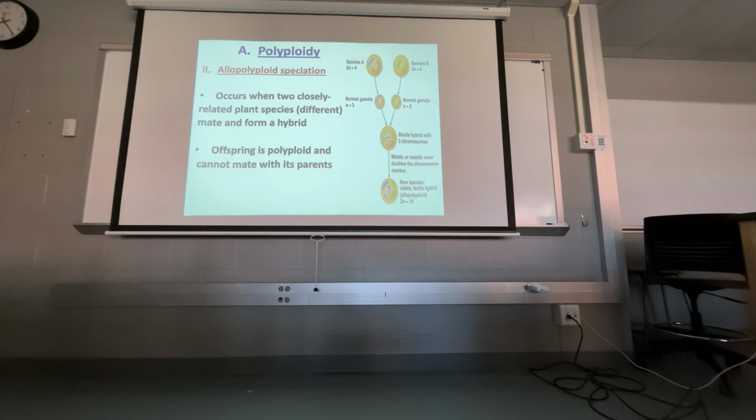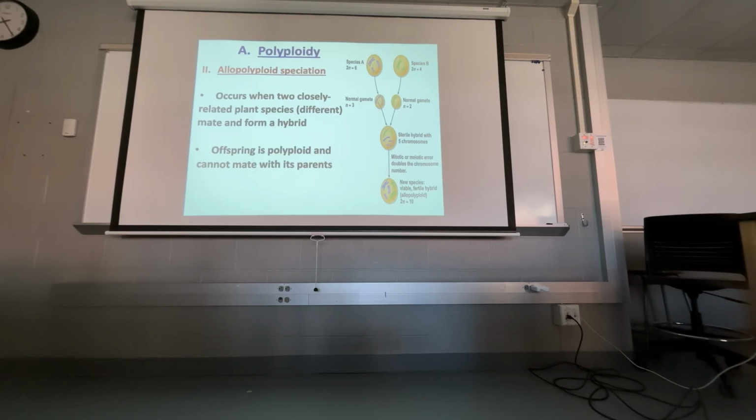But if some of these hybrids were to have a mitotic or meiotic error that doubled their chromosome number, then they would have an even number of chromosomes again, right? They'd be back to 10. 10 is different than 6 or 4, and now you have a new species that can interbreed with itself and be fertile, right?